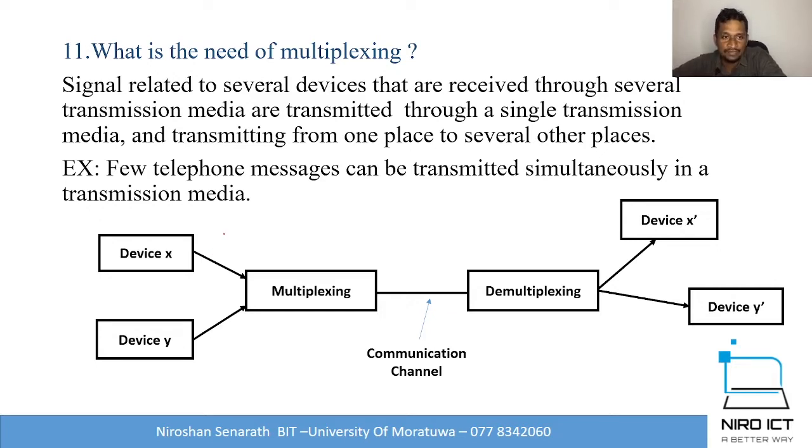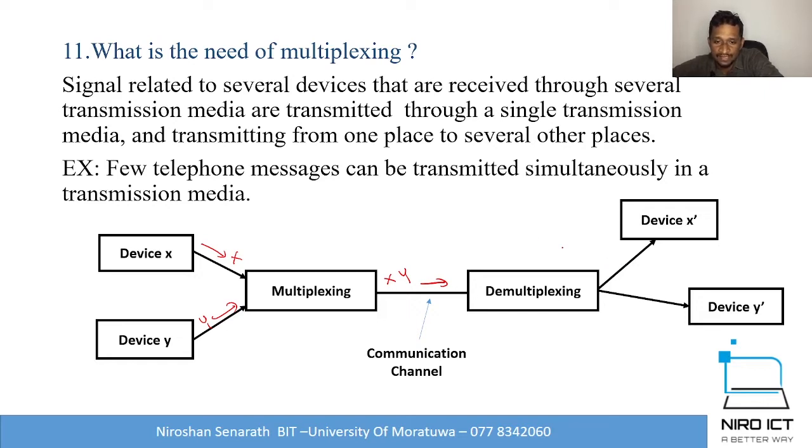That means the signals related to several devices. Here X is sending a signal related to X and Y is sending a signal related to Y, and those two are combined with each other. Then the X and Y signals are transmitted through this single transmission media, and at the receiver's end they have to release all the signals for a particular device.